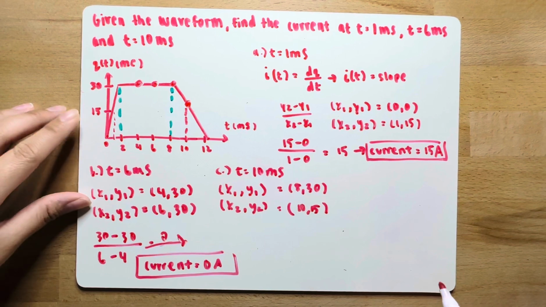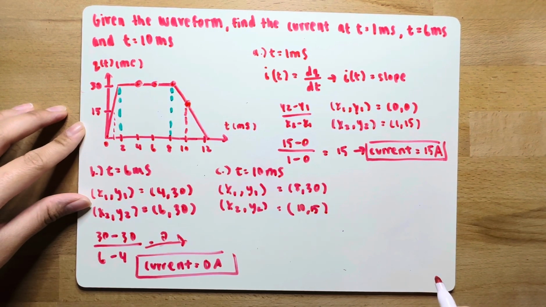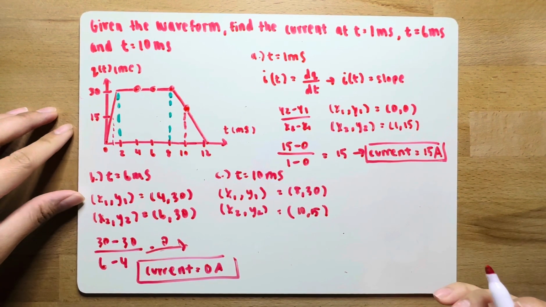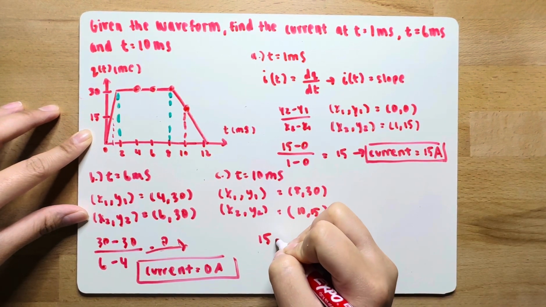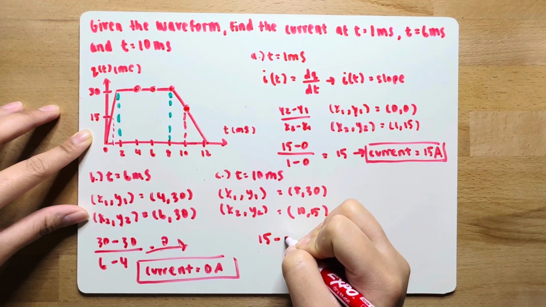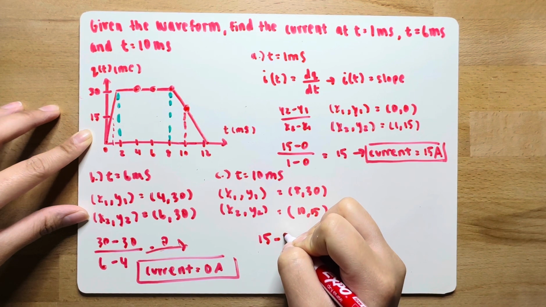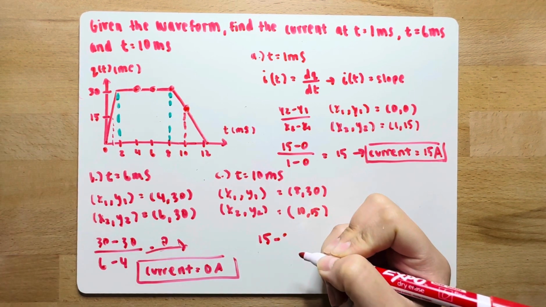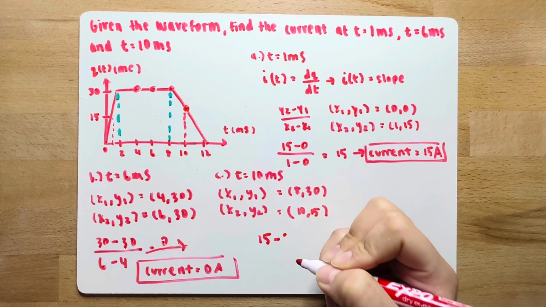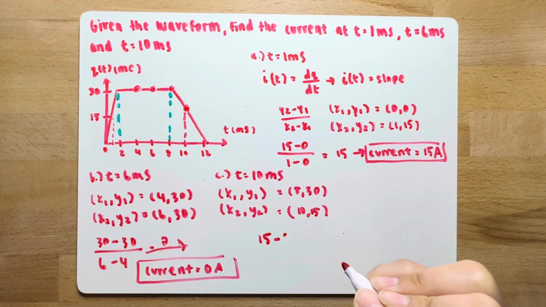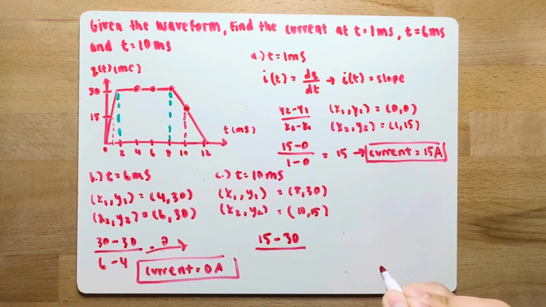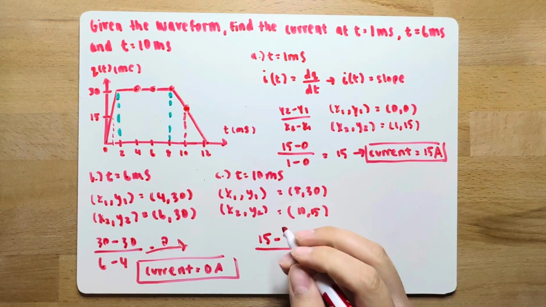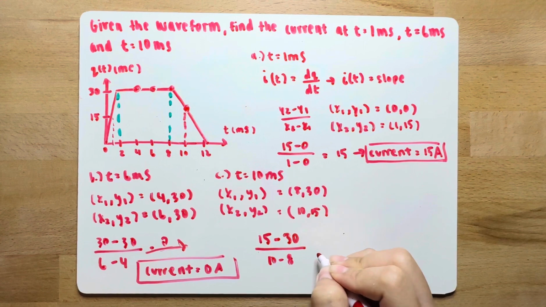Okay, so with this, we want to calculate. You get 15 minus 30 over 10 minus 8.